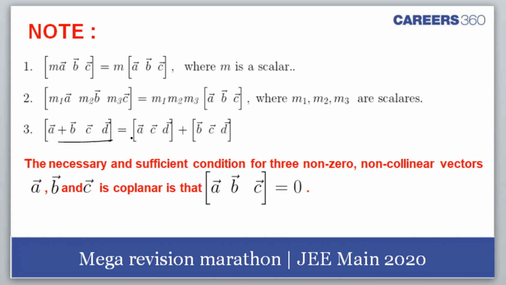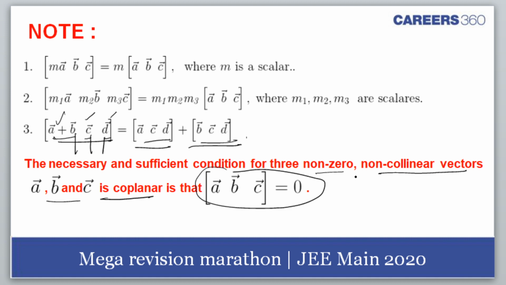And the distributive property: if the first vector is A plus B, then C, then D, it can be split into two box products, A, C, D, then B, C, D. The necessary and sufficient condition for three non-collinear vectors A, B, C to be coplanar is that the box product is 0. I hope you understand.